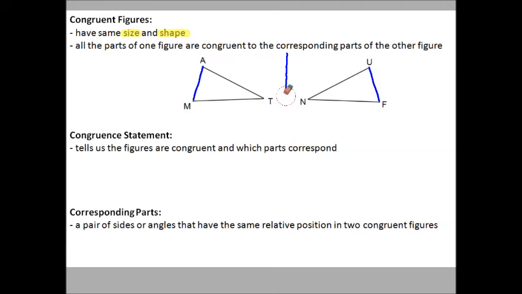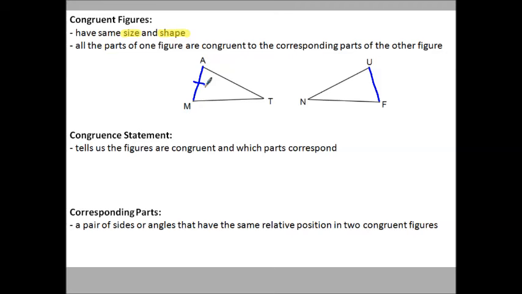And I'm going to take that line off again because this unit is not about reflection. But just to be clear and to understand that congruent figures don't have to have the same orientation. They just have to have all the corresponding parts being congruent.